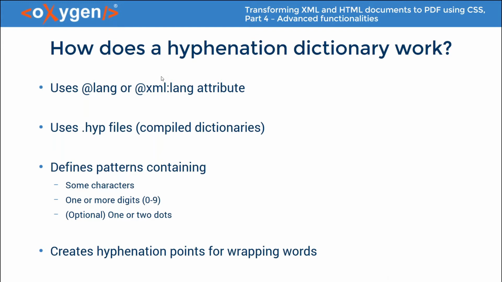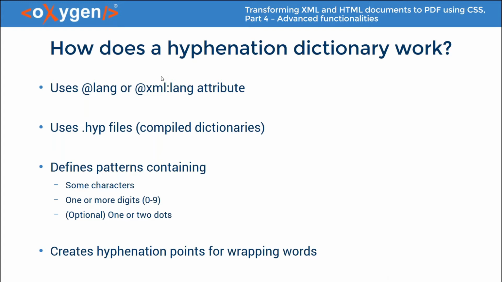These dictionaries are .hyp files, so they are compiled dictionaries, and these dictionaries are compiled from XML sources, which are already included in the Oxygen PDF Chemistry configuration. So we keep both XML and compiled files like this, and you can see how the patterns are defined in XML.